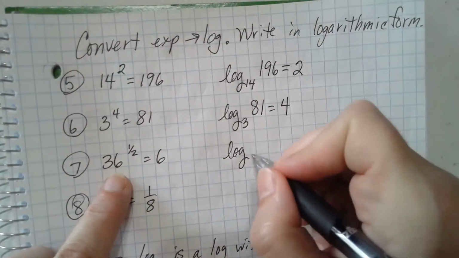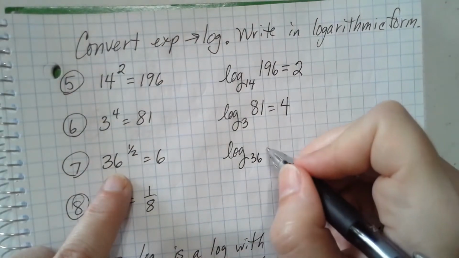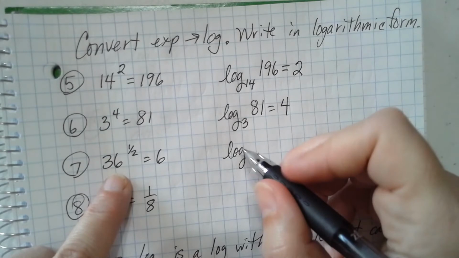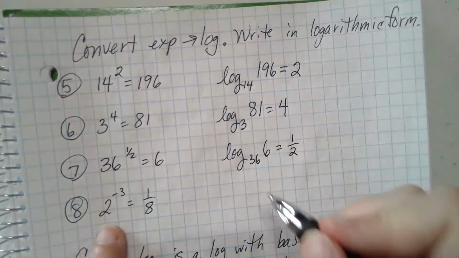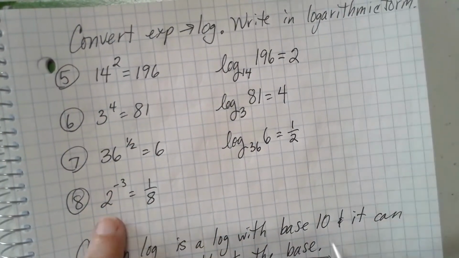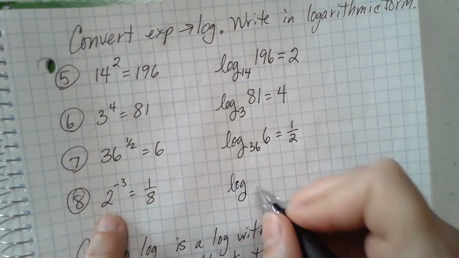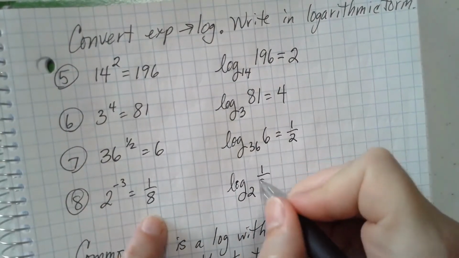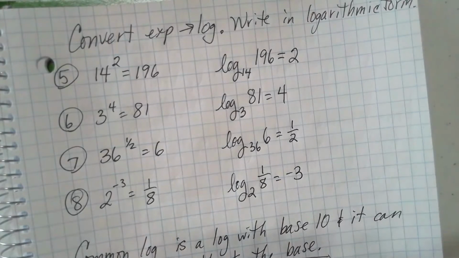Okay, log base 36 of 6 equals 1/2. And again, our negative exponent is going to change it into a fraction. Log base 2 of 1/8 equals -3.